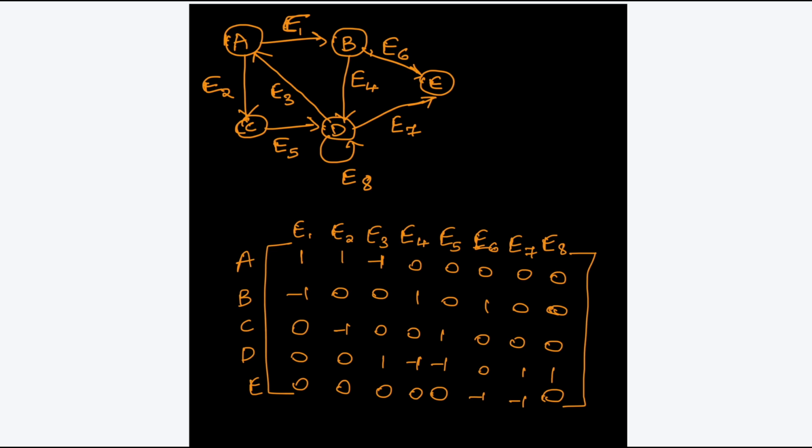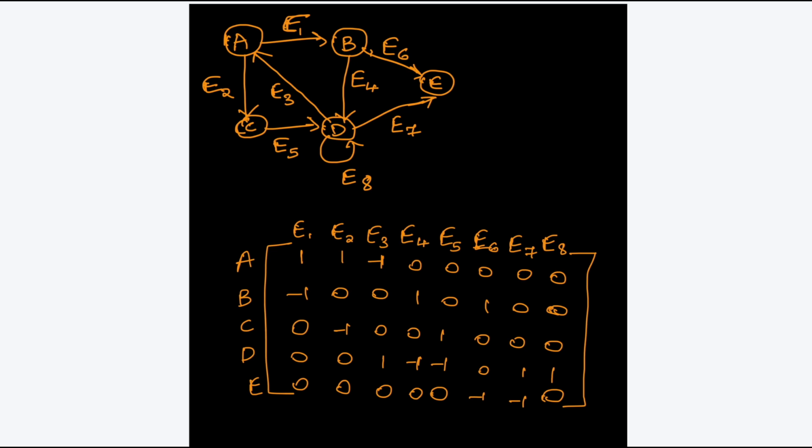Here as we see, if we take edge 1, it is starting from vertex A and reaching vertex B. So A has +1 and corresponding to B, edge 1 is represented as -1. For each edge, if we take edge 2, it starts from A, so A and E2 are marked as 1 and E2 goes to C. So E2 corresponding to C is marked as -1.